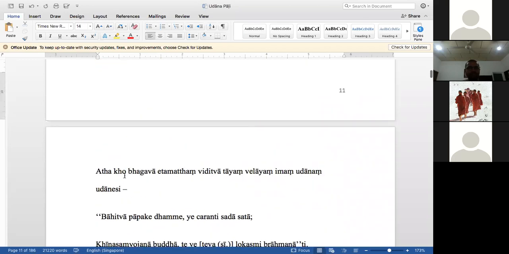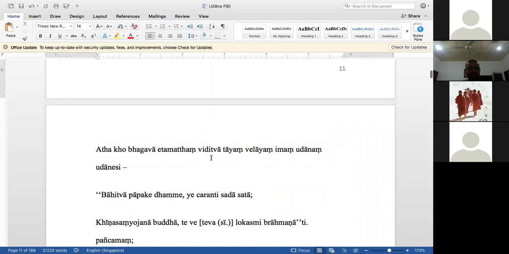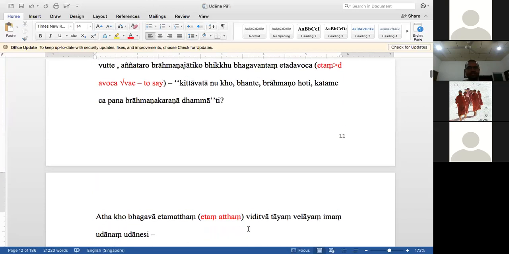So then, if you go to the next sentence, Atha kho Bhagava Etamattang Viditva, Tayang Velayang Imang Udanang Udasi. Then the Blessed One, Bhagava, Etamattang. So Etamattang means Etang Attang. Etang Attang Viditva. Etang Attang means that meaning, the meaning he wanted to emphasize on that occasion.